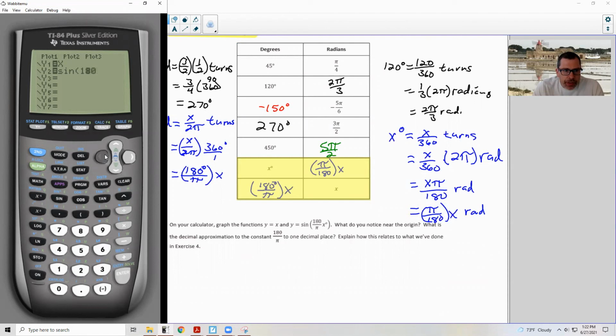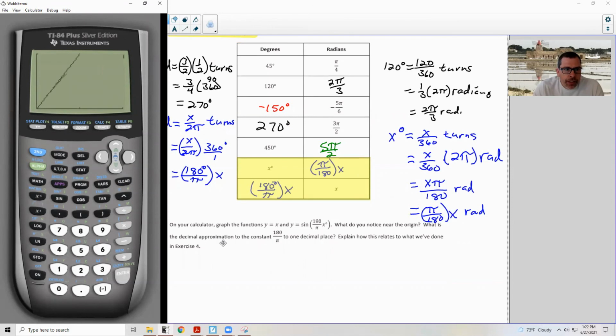So I need another parentheses. Sine of 180 divided by pi, and pi is second, this caret, pi is right here. Close that parentheses, put an x, put another parentheses, and graph.